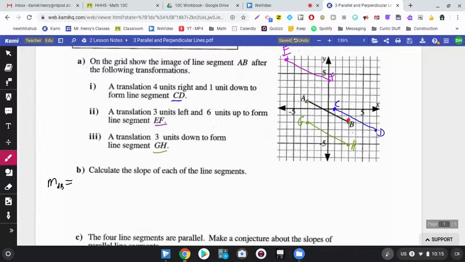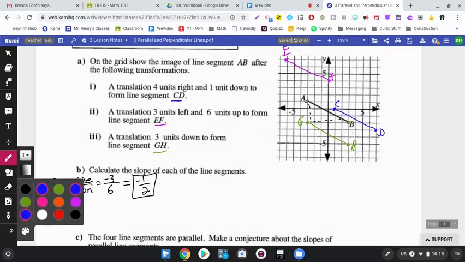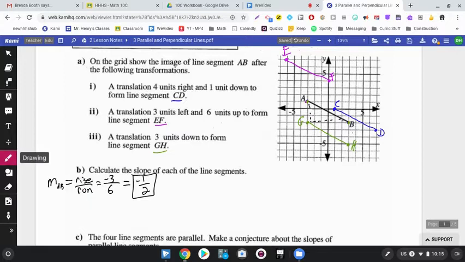From A to B, I go down 3 over 1, 2, 3, 4, 5, 6. Down 3 over 6. So the slope equals rise over run would be -3 over 6. And then I always reduce my fractions. So -1/2. Okay, great. So that's the slope of my original line.